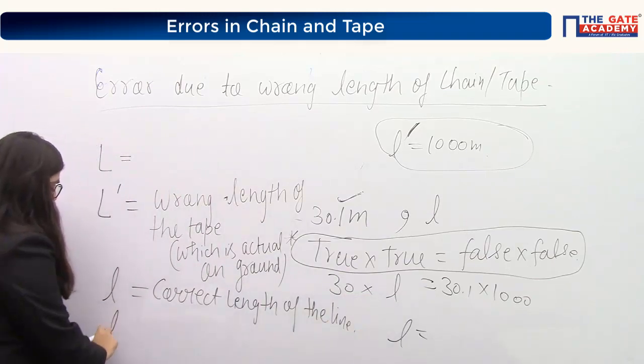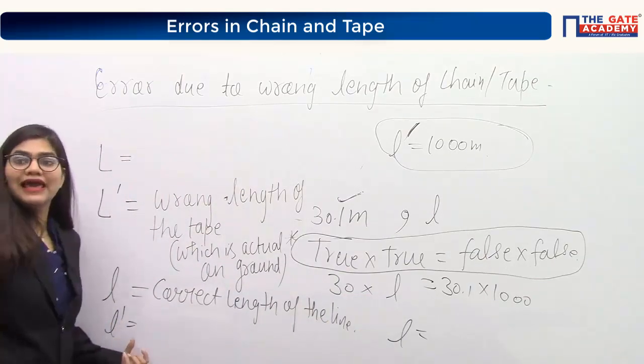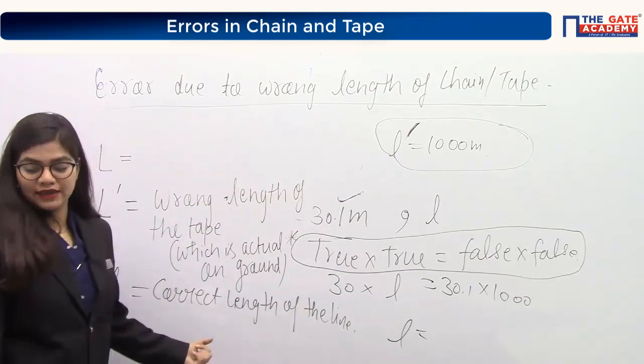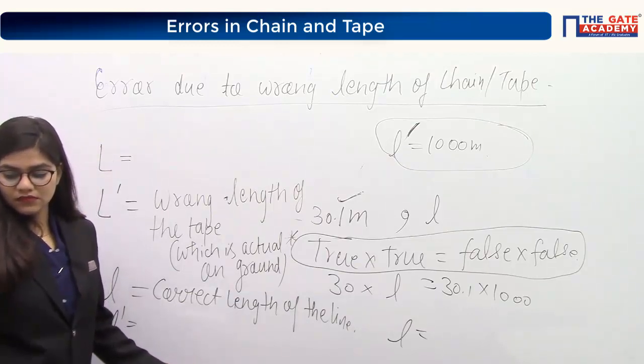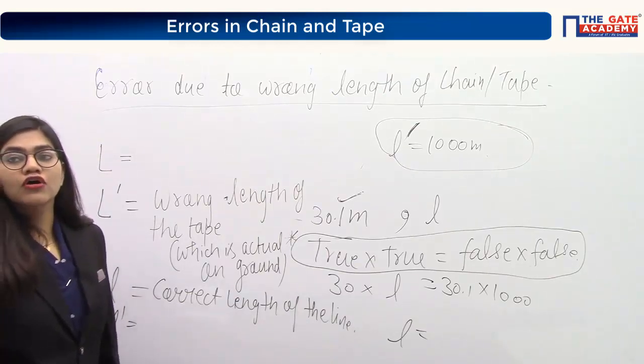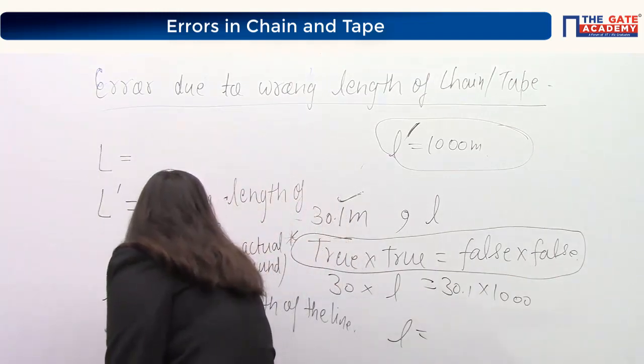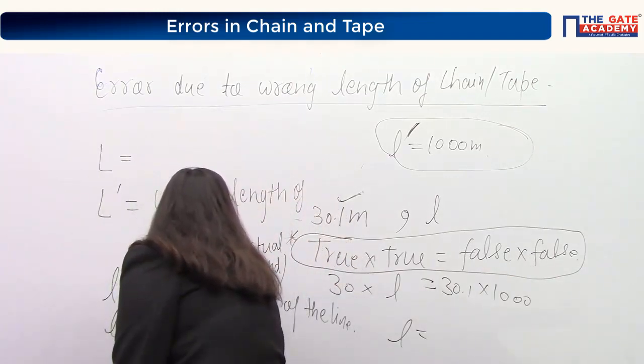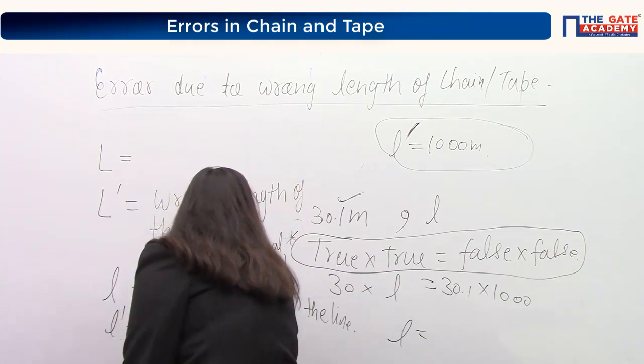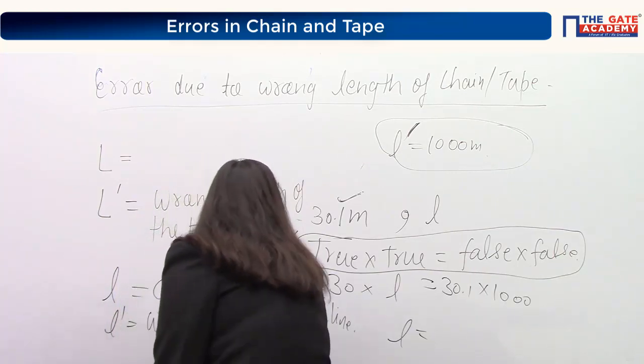Next, write small l dash. Small l dash is wrong length measured.